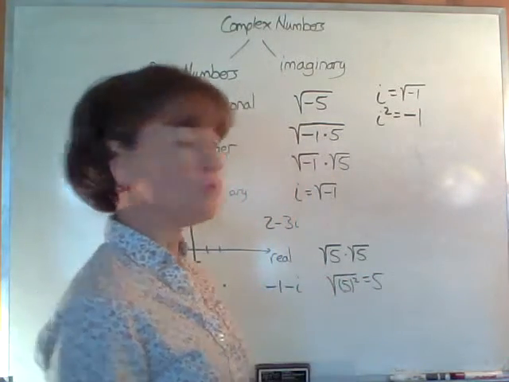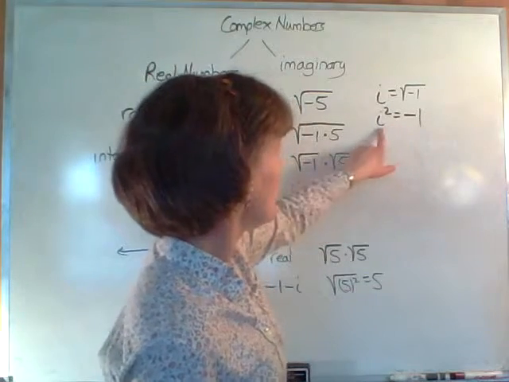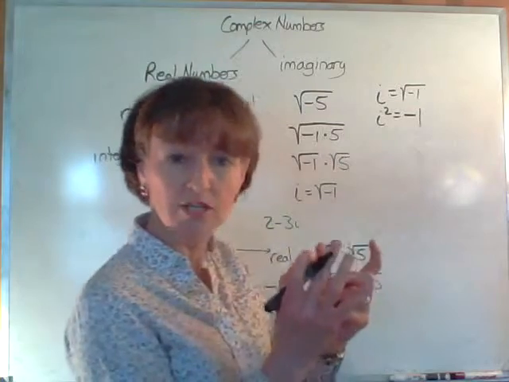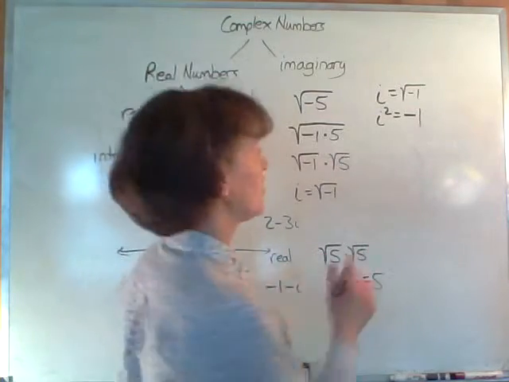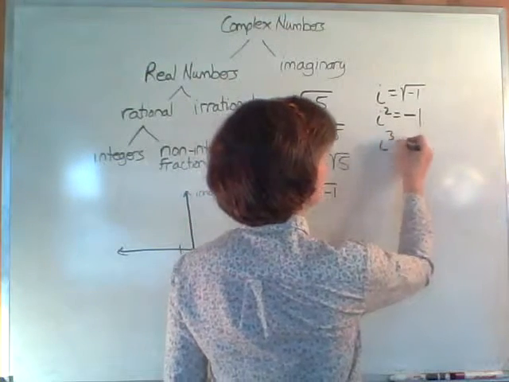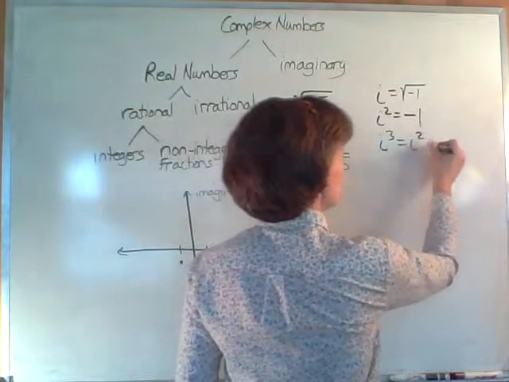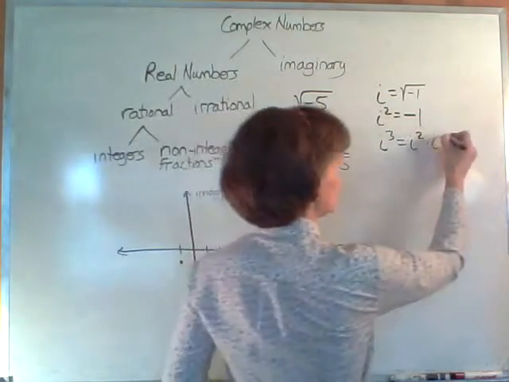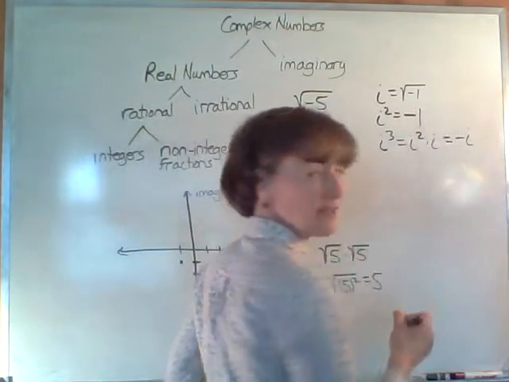So the same thing is true here. i squared is going to be the square root of -1 squared, so it's just -1. i cubed is i squared times i. Well, since i squared is -1, then i cubed is -i.